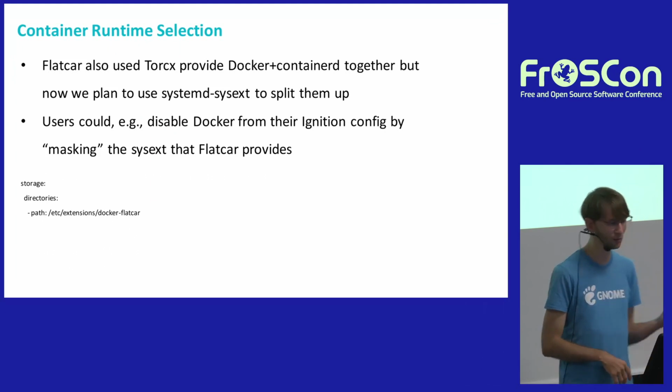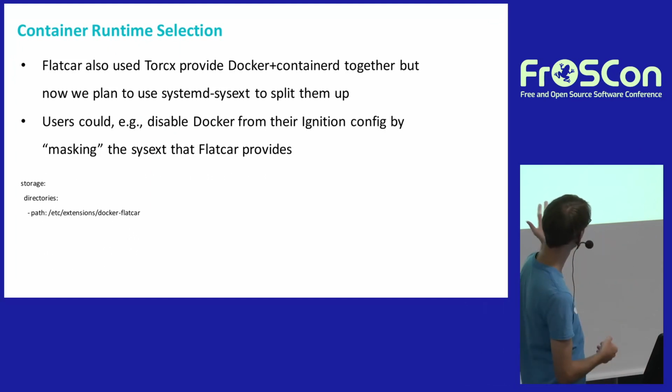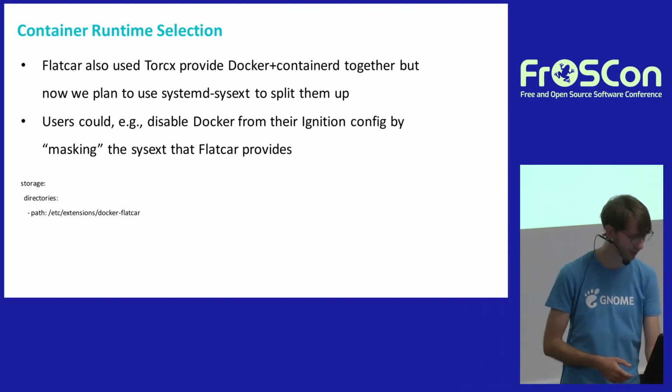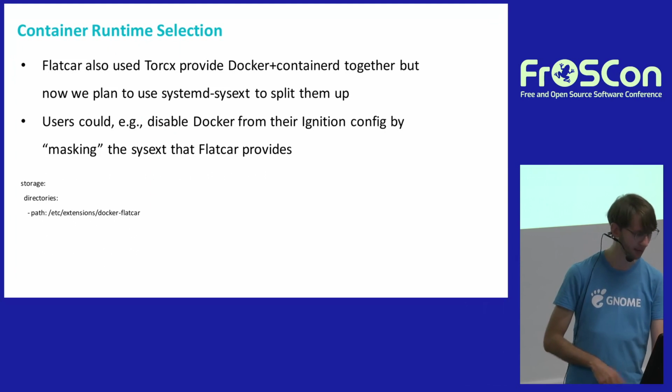And the way users could do this is by masking it. So currently I say could, it's not implemented. It's the proposal here, which I'm showing as a use case. And with this empty directory instead of a /dev/null symlink, because that's currently the way to mask systemd-sysext that's working.